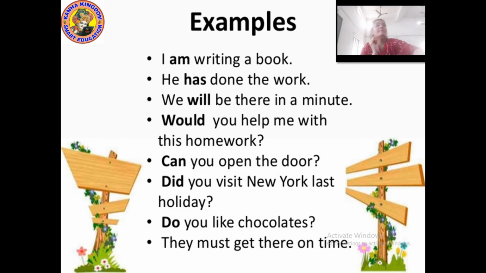Now I'll give you a table. You have to note down that table in your notebook. In that table there are 23 auxiliary verbs. You should know which auxiliary verbs are there.